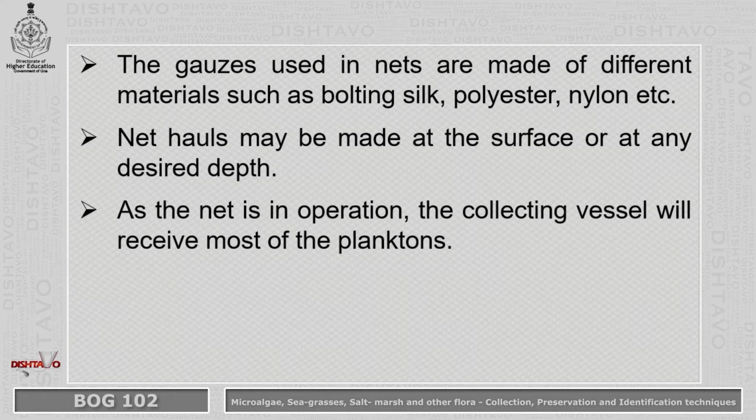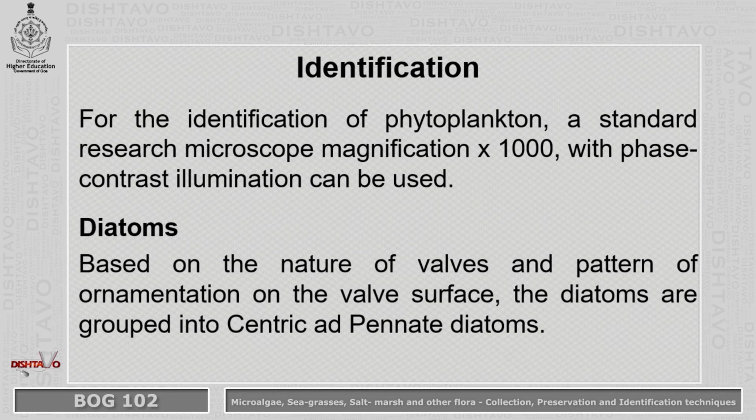This is the procedure for collection of phytoplanktons. Identification of phytoplanktons: for the identification of phytoplankton, a standard research microscope with magnification of 100x, it is listed wrongly, 100x, with phase contrast illumination can be used.